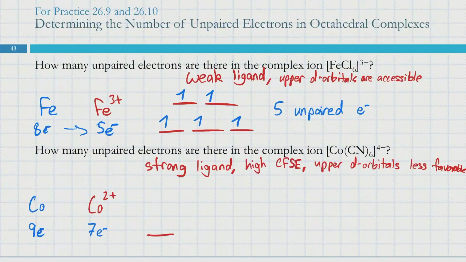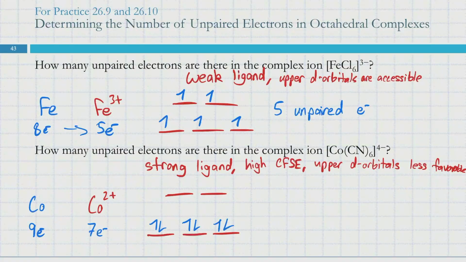Draw out our octahedral complex d orbitals. And we're going to add in 7 electrons. So we add in the first 3, and those are definitely unpaired. And because it's a high crystal field splitting energy, it's unfavorable to put electrons into these upper levels. And so we're going to pair up these bottom 3.